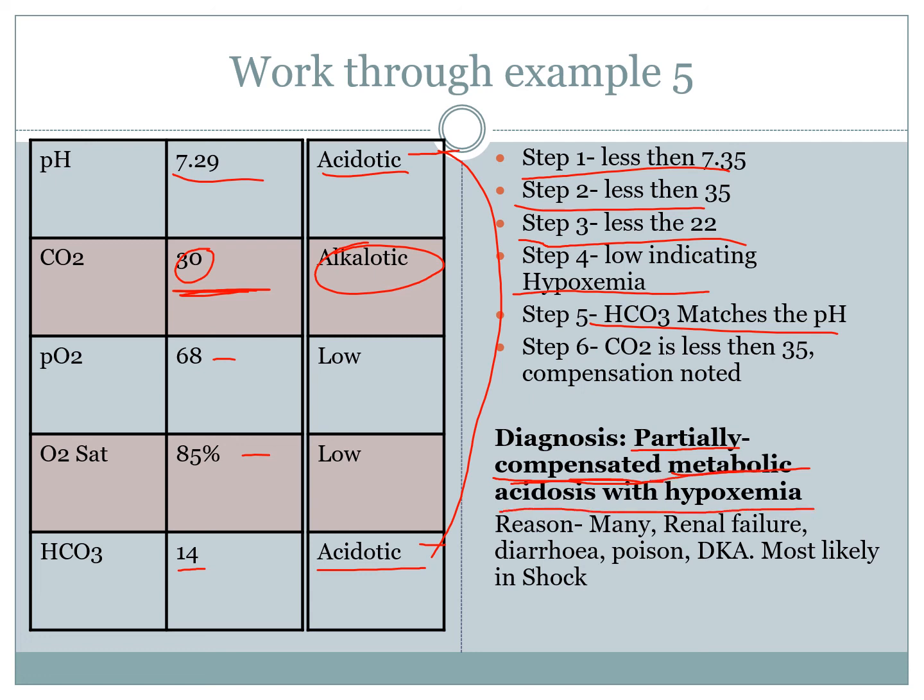Now the reason it's partially compensated is because the pH is still acidotic. It's only when the CO2 and the bicarbonate values are in sync enough that it results in a normal pH that you could call that compensated metabolic acidosis. Now the reasons for these sorts of disorders, there's lots.